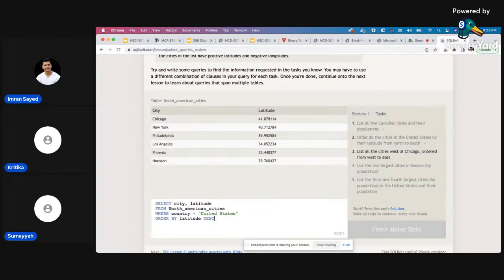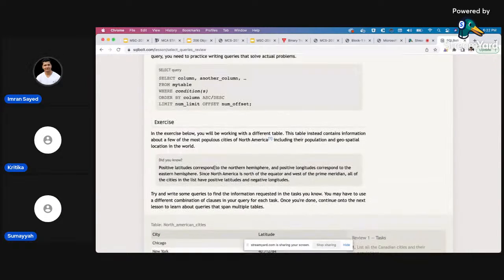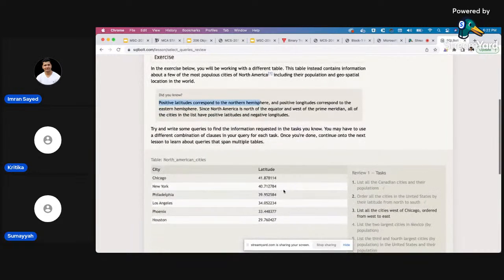Okay, cool, perfect. So here it's saying that the positive corresponds to the northern hemisphere, which means the higher the positive value, the more it is in the north. The lower the positive value, the more it is in the south. So it's saying give me from north to south. So that's why a higher positive value is north and a lower positive value is south. So this is north to south order, and it was saying this listed down in that order. So we did that, and you wanted the ones in the United States.